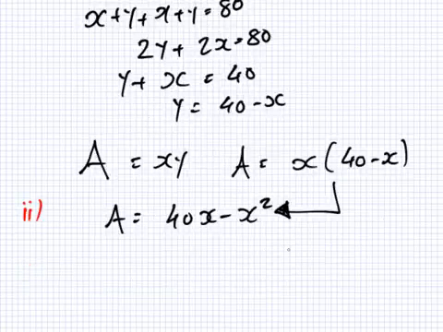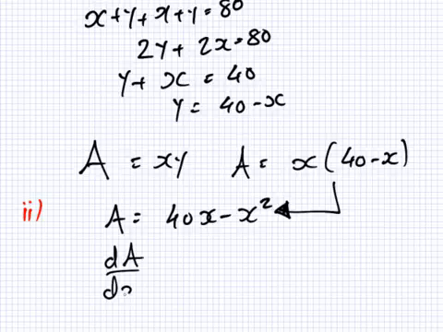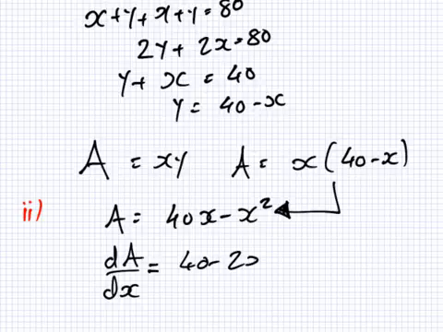And if you want the maximum area, it means you want to know what value of x will make the derivative equal to 0. Well, I think that's clear. What would the x be? 20. 20 meters.